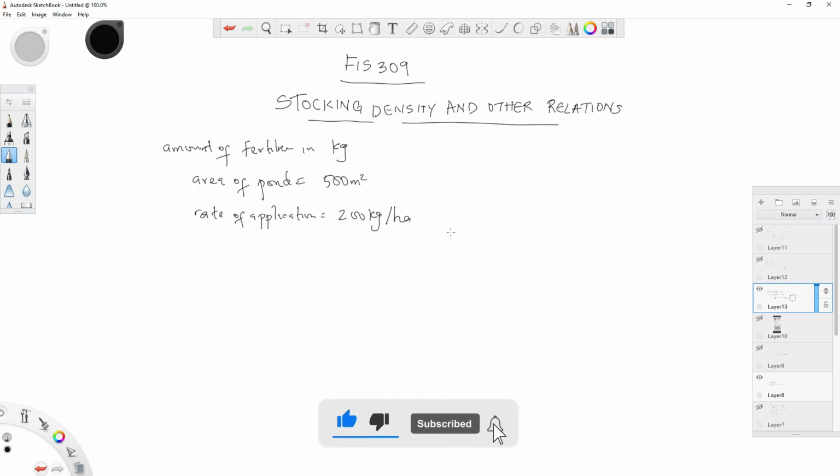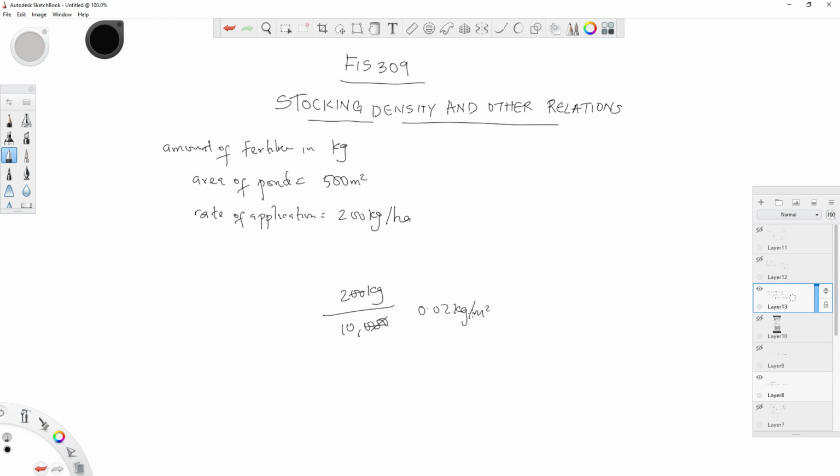Okay, 200 kg per hectare. We already know hectare is 10,000 meters square, isn't it? So convert, that's 0.02 kg per meter square, isn't it? So since we've known this, we can then say 0.02 kg goes to 1 meter square.